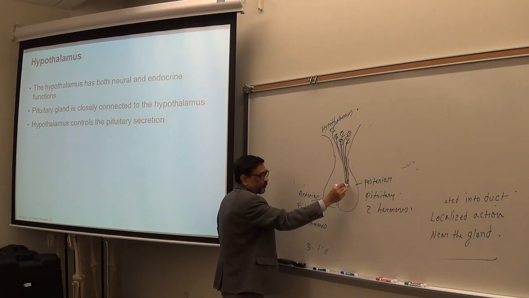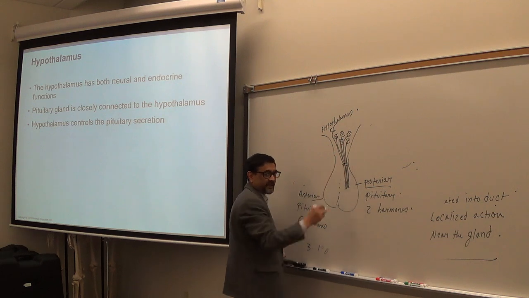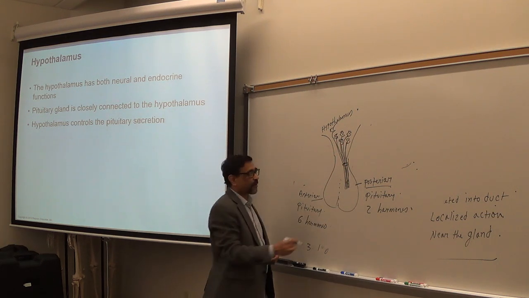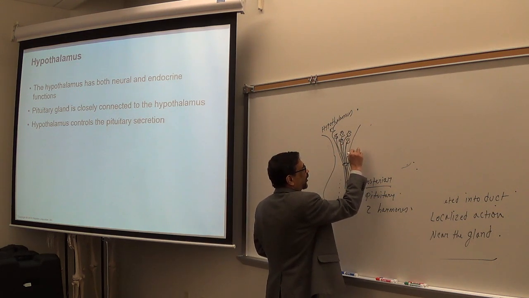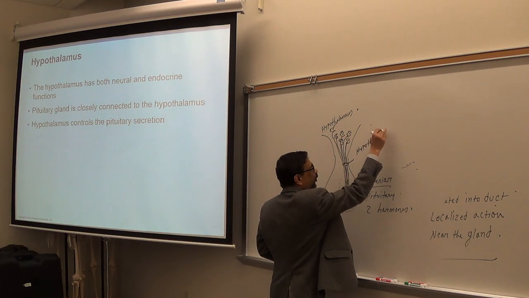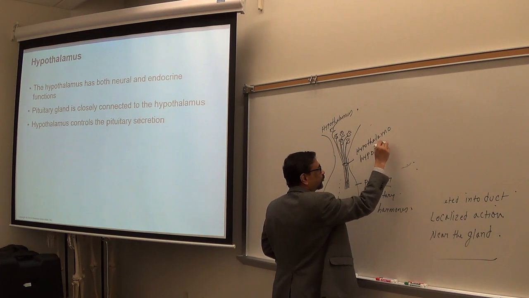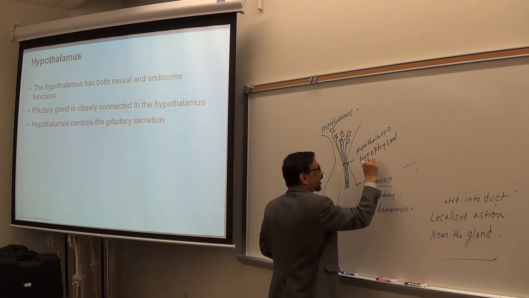These axons go to posterior pituitary, and the bundle of these axons is called hypophyseal tract.